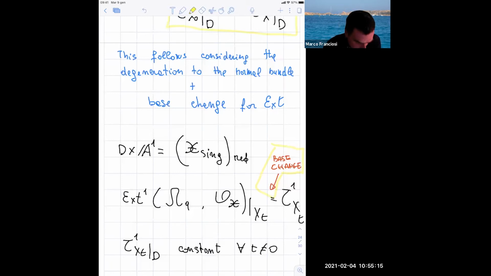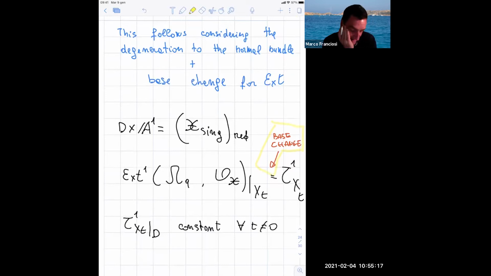In particular, we obtain that T^1 of X_t is constant. Here I have put under the carpet the hard part of our paper. This base change result is based on a deep analysis by a derived category. And Barbara is an expert, so we use the cotangent complex and all these kinds of arguments to prove these isomorphisms.